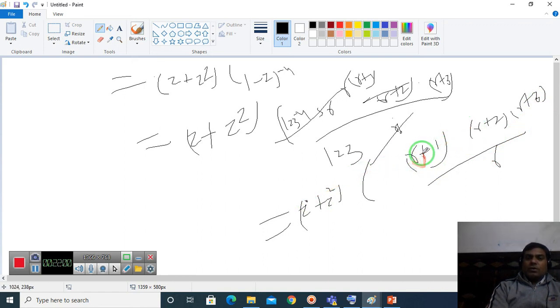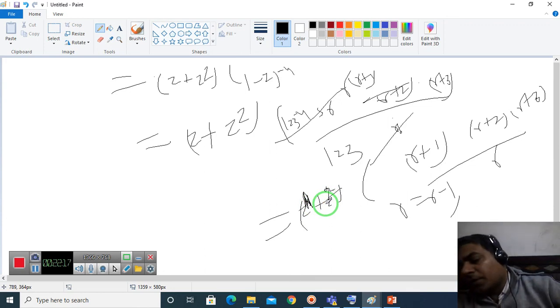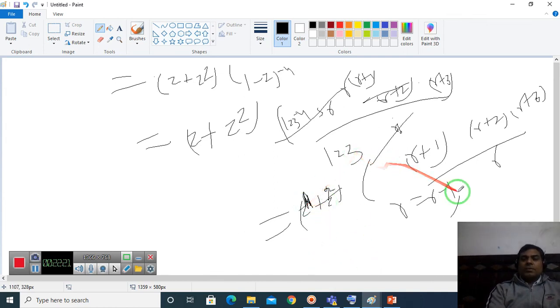So you should put r equal to r minus 1, because here r will increase the value of z to the power 1. Now if you multiply by z to the power 2, it will increase the power by 2. So you should put r equal to r minus 2, then you will get the z to the power r coefficient.